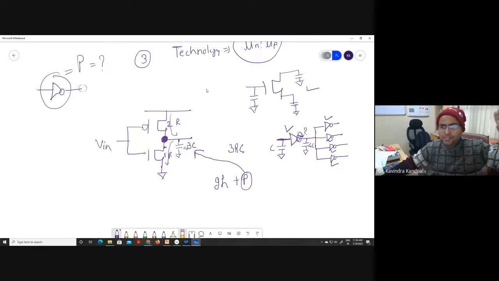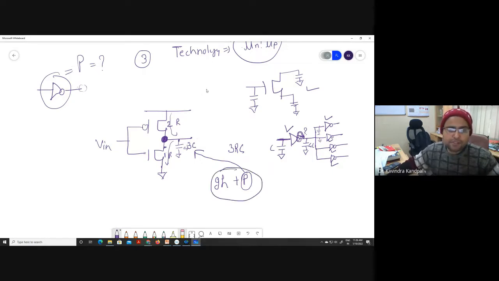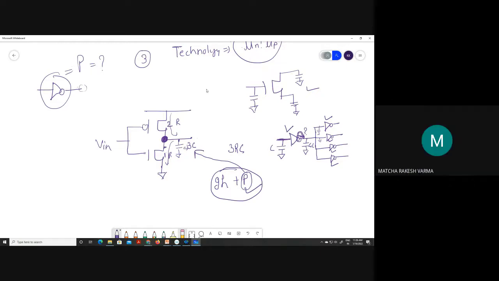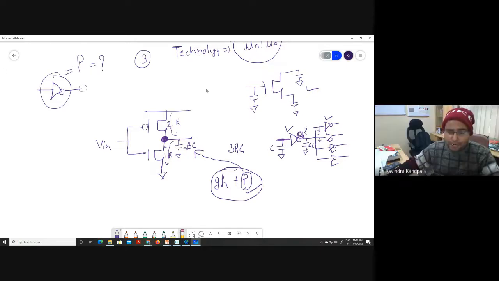We are only considering the input capacitances, which are C here, C here, and C here. We are not talking about the output capacitance because it is already taken care of by the parasitic delay term in the equation. In logical effort theory, we don't say P is 3RC.